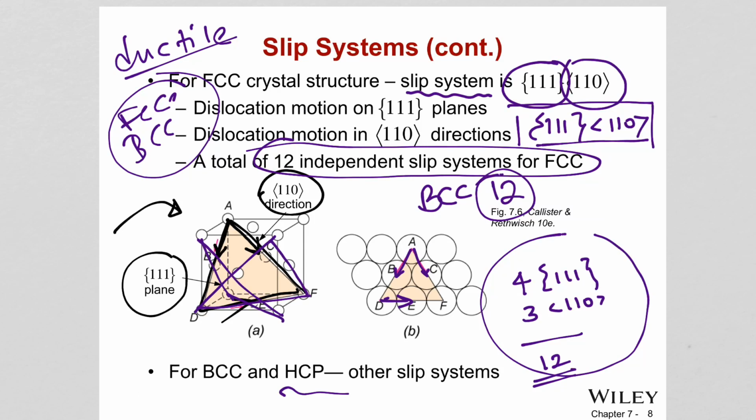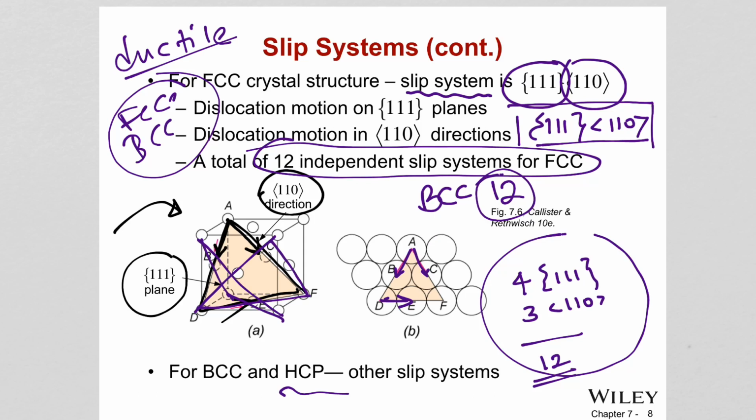Some examples to keep in mind: aluminum, copper, nickel, these are FCCs. So you can understand now why they are ductile. And for BCC, tungsten, molybdenum, and alpha iron, they are BCC.